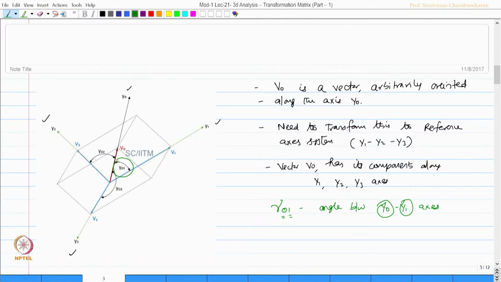With that algorithm, gamma 02 is the inclination with respect to y0 and y2. Similarly, y0 and y3 will give gamma 03. So, gamma 01, gamma 02, gamma 03 are the angles between the y0 axis and y1, y2 or y3 respectively.